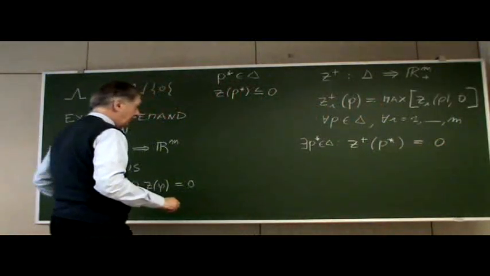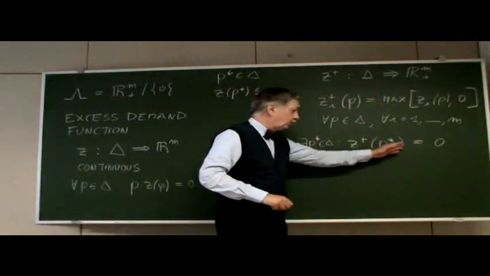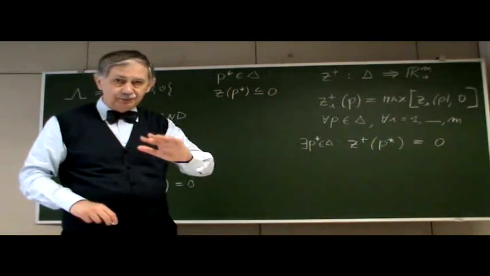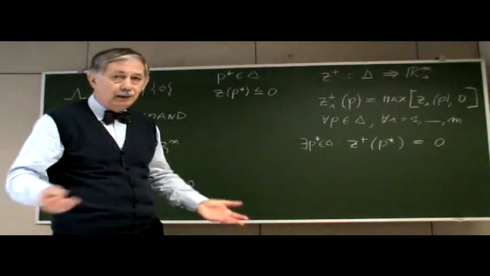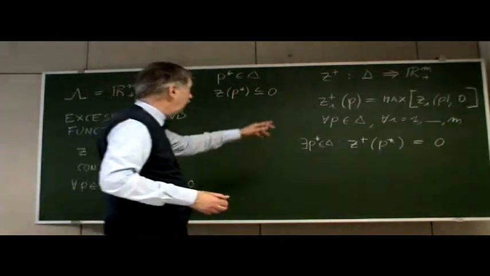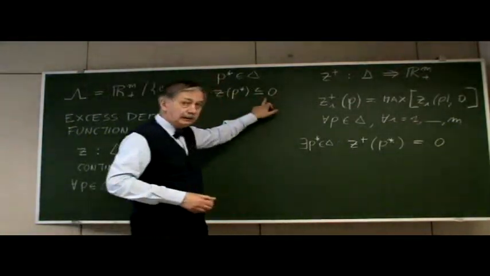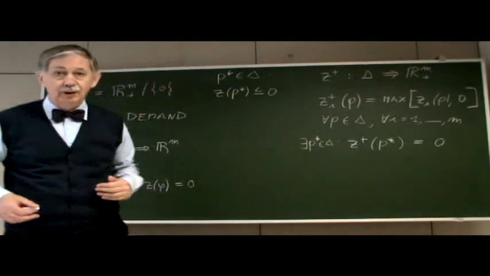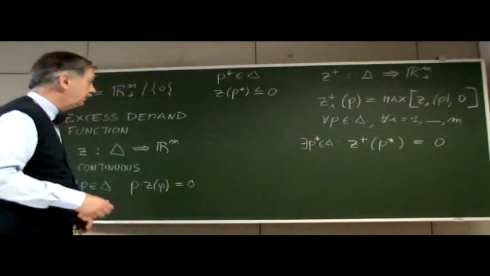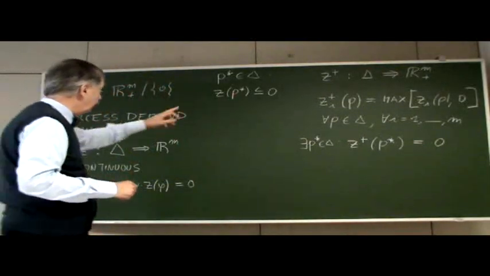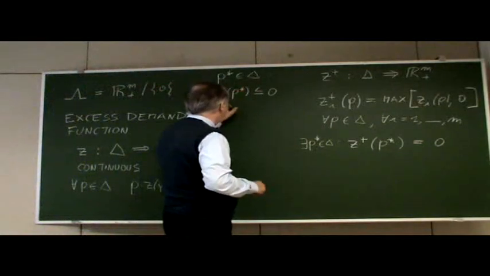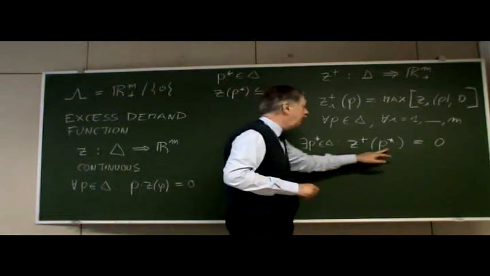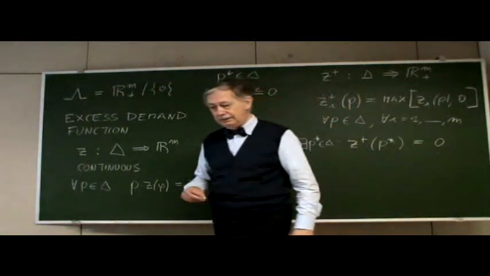It is clear that if this equality holds, there are no positive excess of demand. Probably there are negative excess of demand, but these are admitted. The important thing is to exclude the existence of positive excess of demand. Is it clear? So, in order to prove the existence of p star which verifies this inequality, you must prove the existence of p star which verifies this equality.